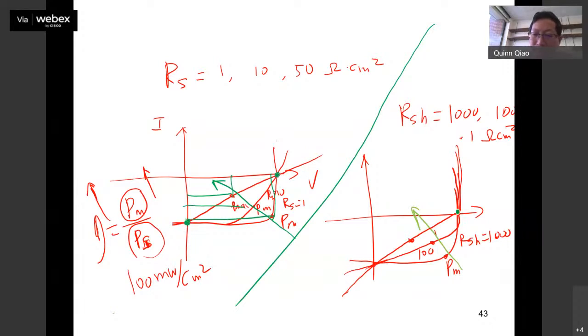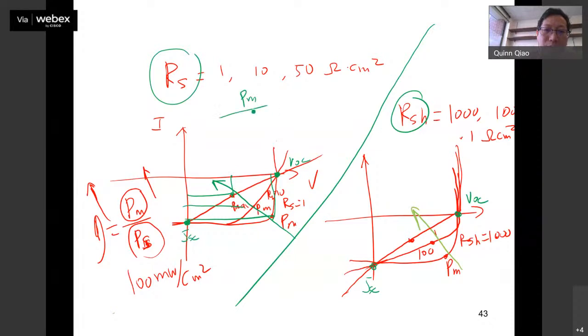See, this is VOC, this is ISC. So when you change the series resistance and shunt resistance, these two resistances, the Pmax changes. This guy keeps reducing, but VOC times ISC does not change. The same thing here. The fill factor is FF equal to Pmax divided by VOC times ISC.